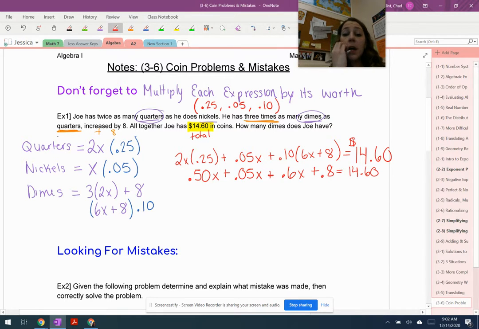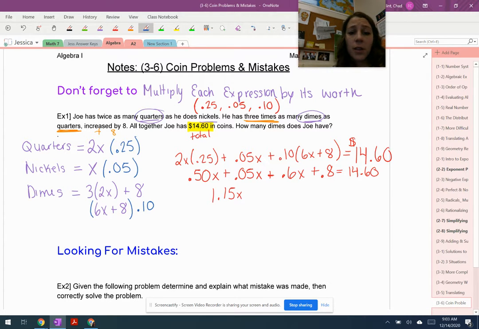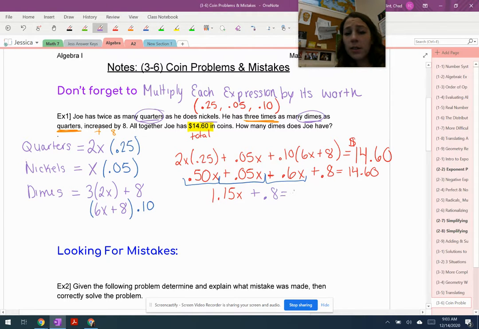Okay, and now we just add together. So the 0.5 plus the 0.6 plus the 0.05 gives me 1.15x, plus that 0.8, still equal to the 14.60, minus that 0.8.